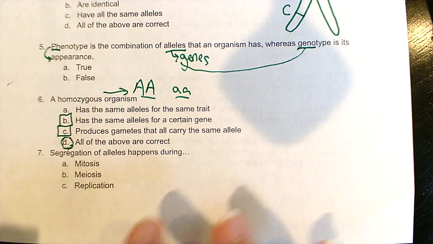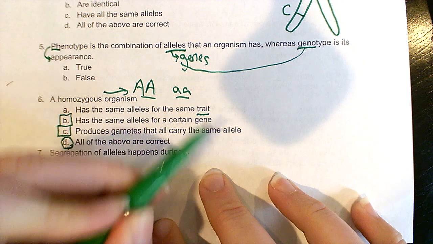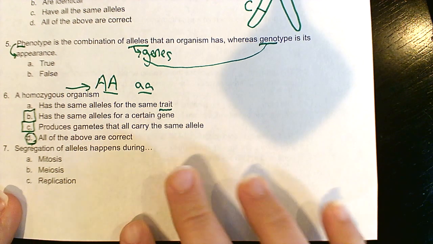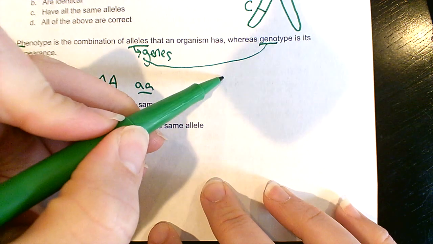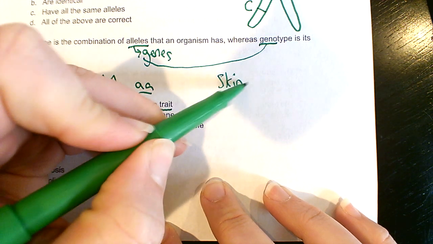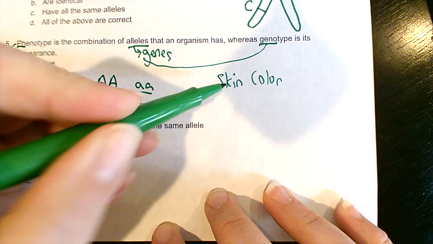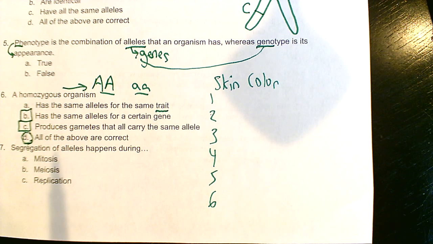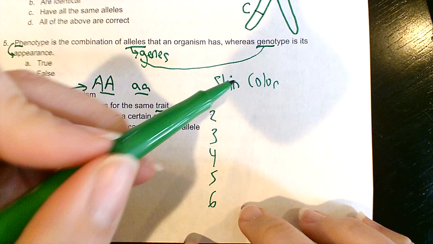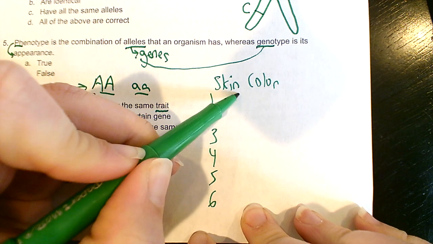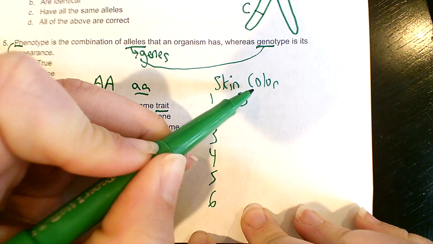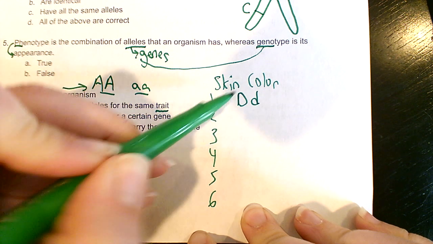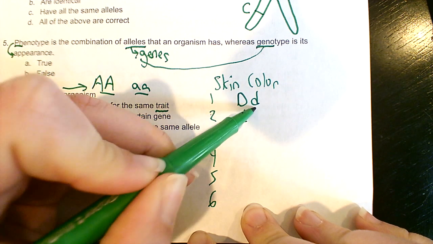All right. So it has the same alleles for the same trait. So if we think about one of our polygenic traits that we talked about, like skin color, there's at least 6 genes that help determine the skin color. In each case, the darker is more dominant. So for this first gene for skin color, I probably am lots of lowercase d's, but let's pretend this is me.